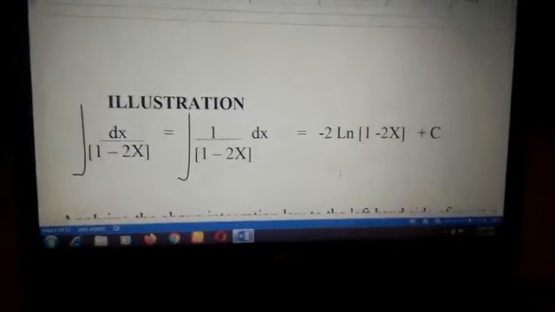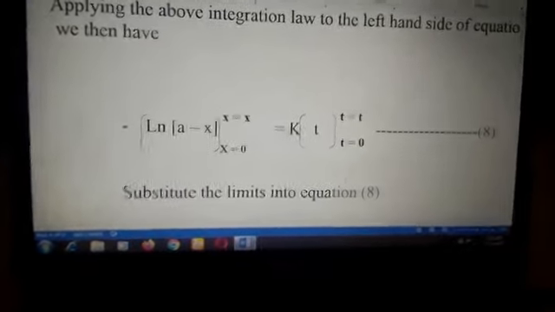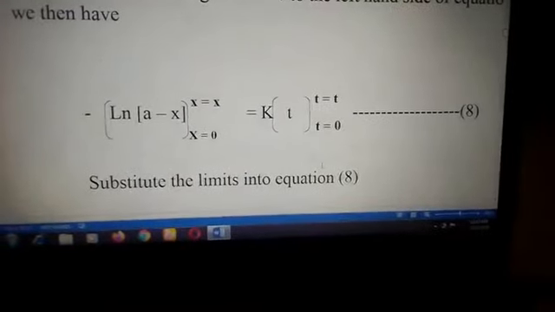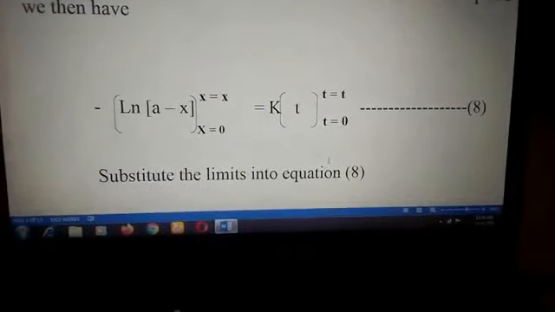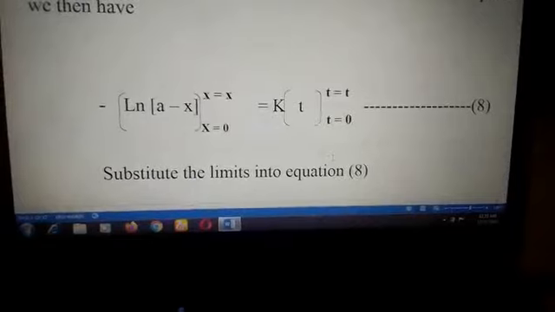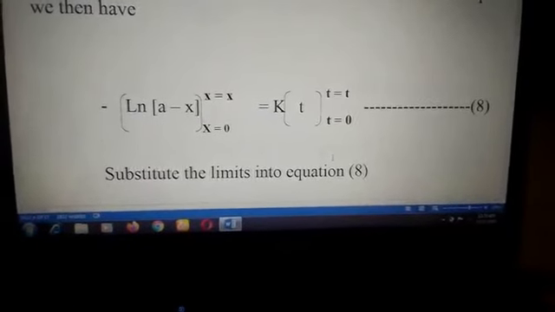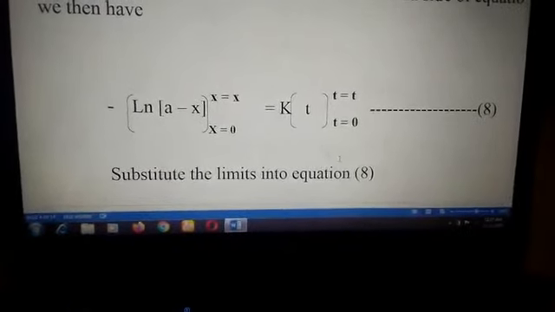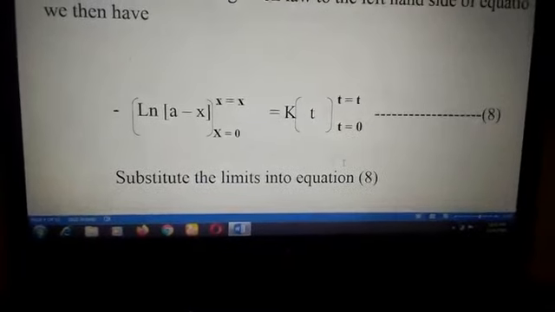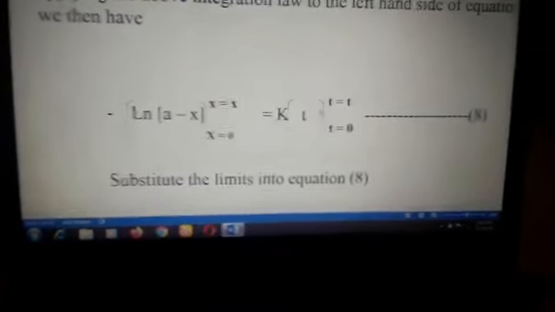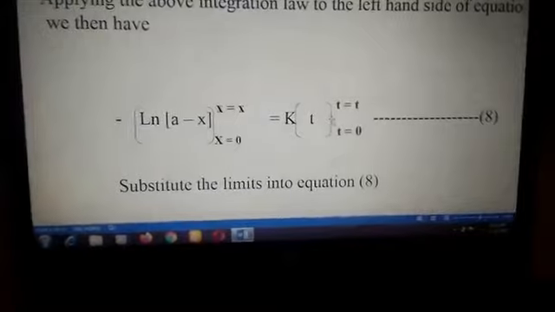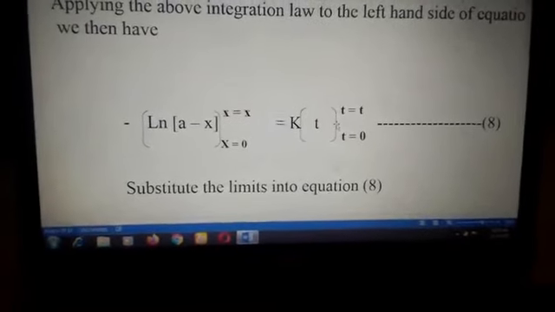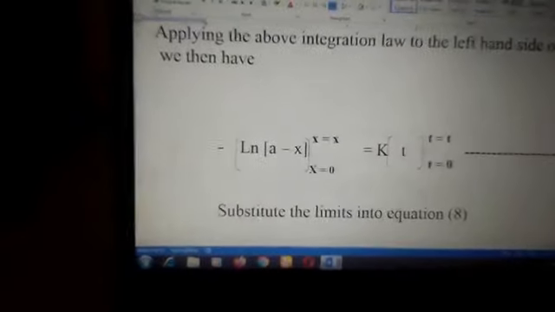So that is it. If you integrate that, you have ln a minus s. What you integrate was 1 over a minus s. We have ln a minus s. And since the coefficient of s is minus 1 in that expression a minus s, the number in front of s is minus 1. You multiply it by minus 1. That's why you have the minus outside.